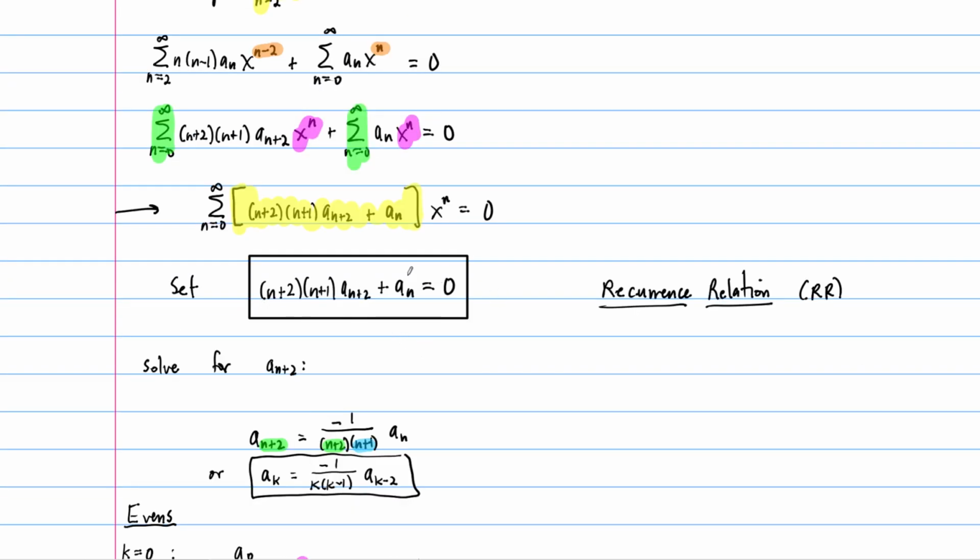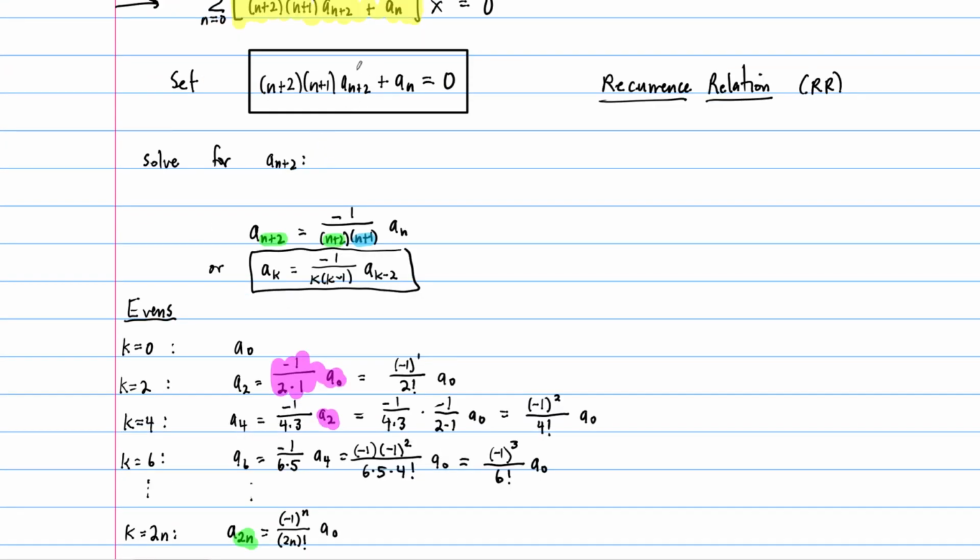In this case, we have just one formula for all n, right? And then you solve for the next terms, the higher index terms, in terms of the lower ones, and shift the index if you need to. So if you think this is easier, like I do, it's a little more simple-minded, where you have the coefficient that you want on the left, and then you can write everything in terms of that on the right.